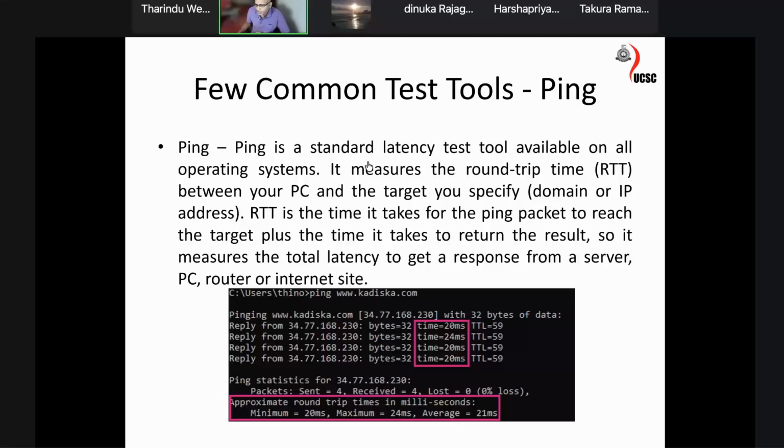You don't need to run the application on both source and destination, because the ping response is quite natural. You just need to run it from your source machine only. There are some tools you need to run on both source and destination as well. In this case, most of the systems supporting the ping application also respond, and reflection from remote machines is mostly enabled, because it natively supports ping or ICMP reflection.